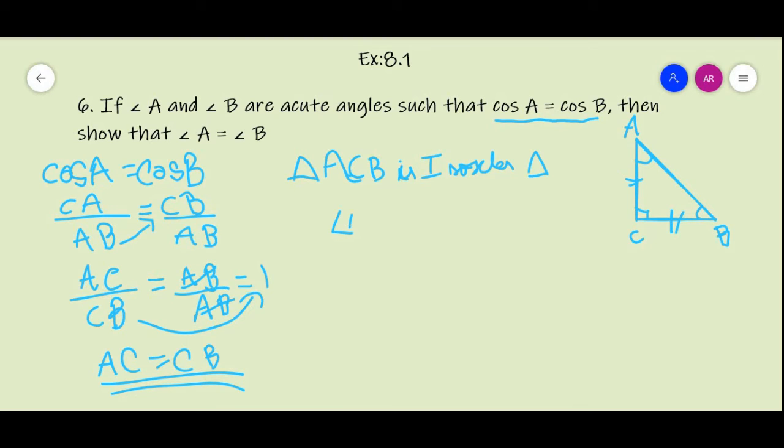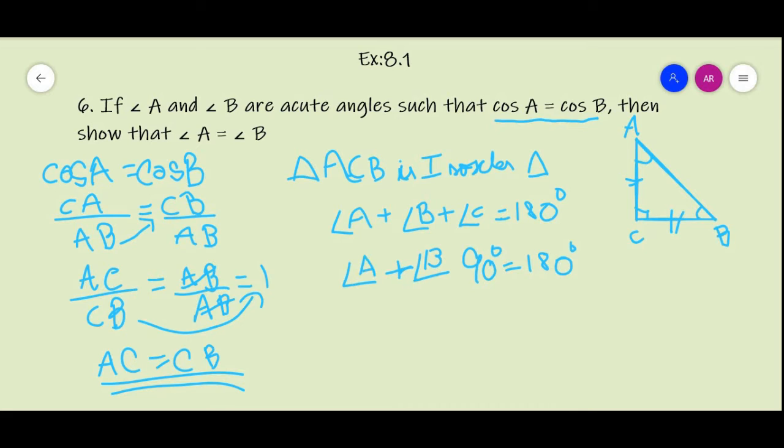Alright, so what is the sum of all the angles in a triangle? So we can say that angle A plus angle B plus angle C will be equal to 180 degrees. So how do we get that? It's from the angle sum property of triangles, and one angle is already given to us, which is 90 degrees. And angle B and angle A, let's write it as it is.